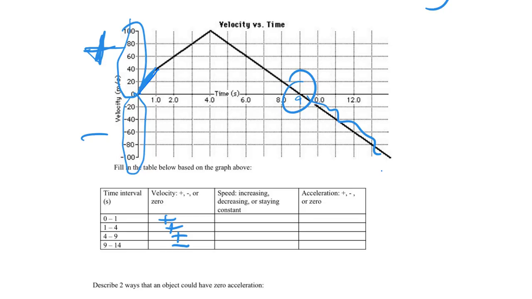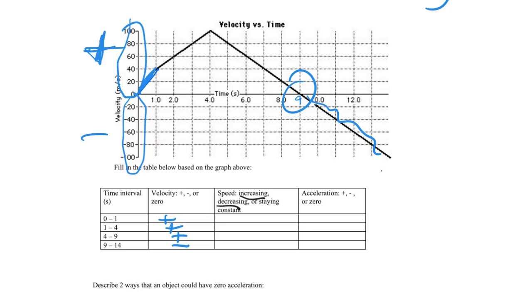Okay, so speed increasing. Again, speed increases, on a v versus t graph, if you go away from the x-axis. Like I said before, it decreases if the graph is going towards the x-axis. If it stays horizontal, then it stays constant.